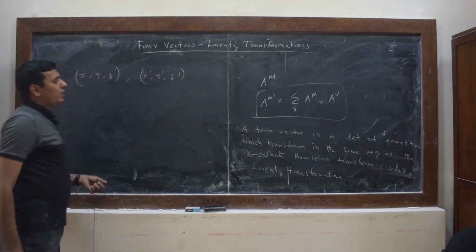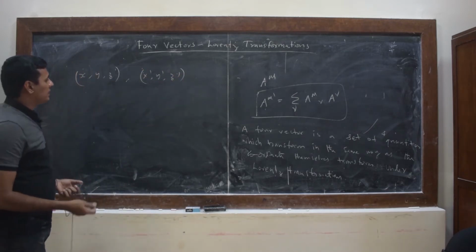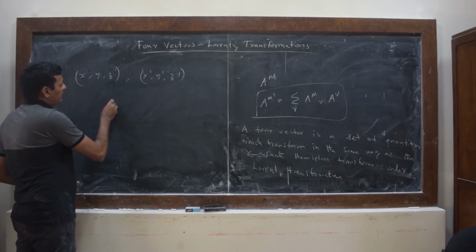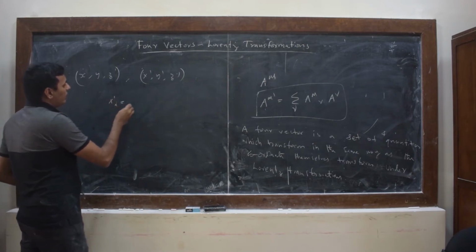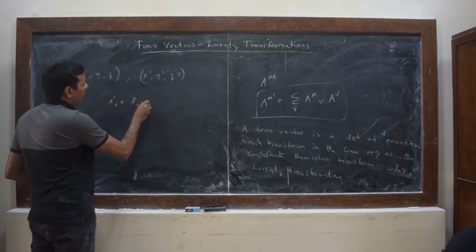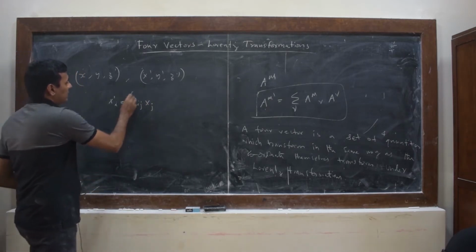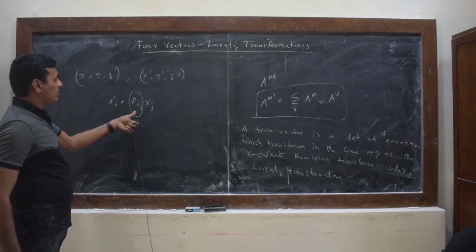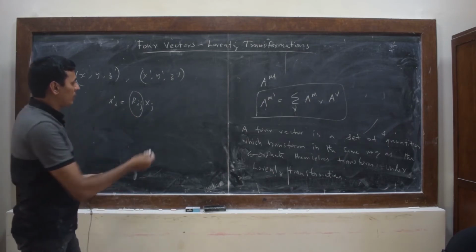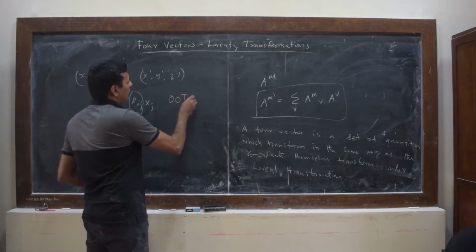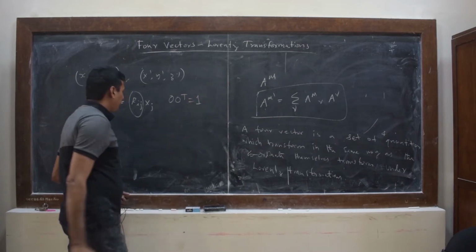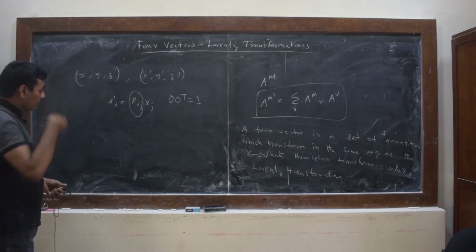The transformation is x prime i equals R ij x j, where R is the rotation matrix, which is actually an orthogonal matrix, meaning R transpose R must be equal to the identity.